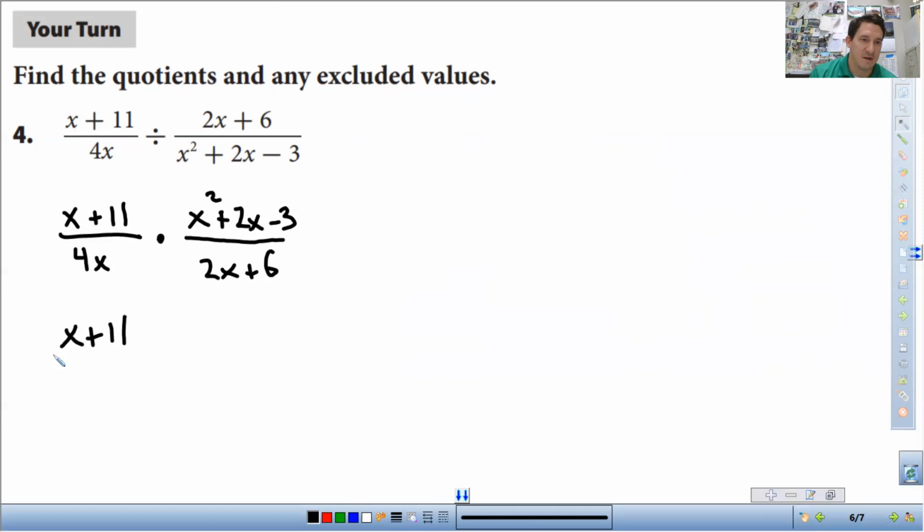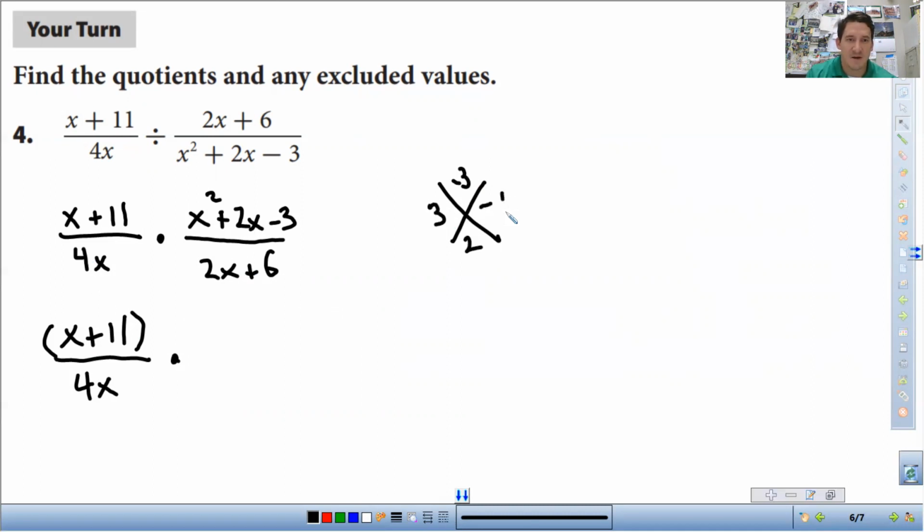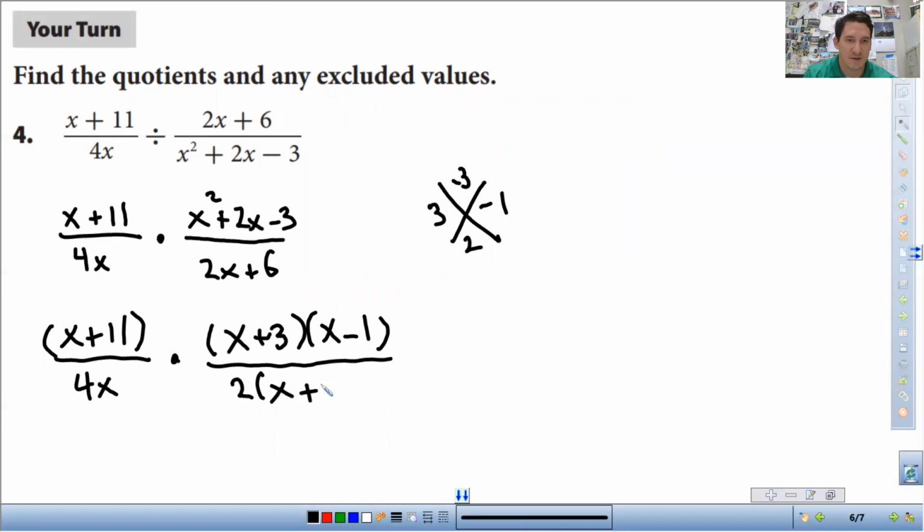So x plus 11, I'm actually going to put that in parentheses to remind us that's a factor, times, for the top, factor -3 that add to 2, that's going to be +3, -1. So that's going to be x plus 3, x minus 1, and then on the bottom, I'm going to factor out a 2, and get x plus 3.